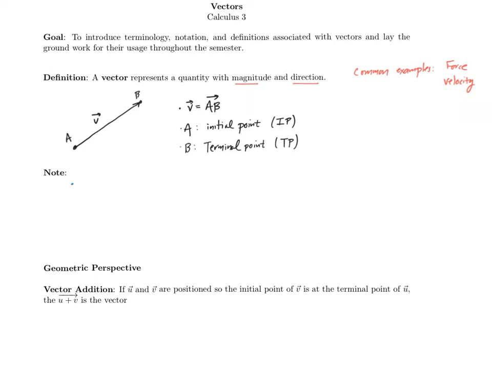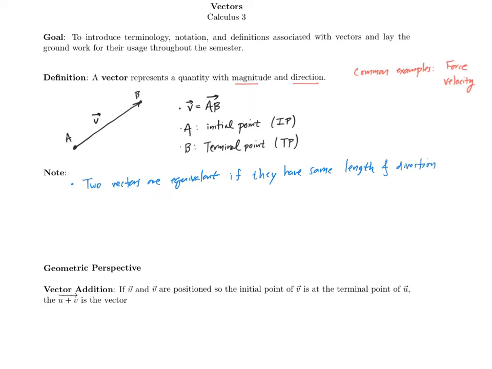A few observations related to vectors. The first note I want to make is it turns out it doesn't matter where in space we sit a vector down. What it means for two vectors to be equivalent is if they have the same length and direction. So two vectors are equivalent if they have the same length and the same direction.